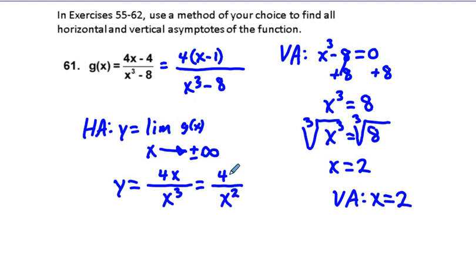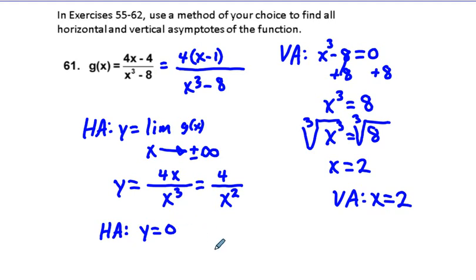This is an example of bigger on bottom. If the power is bigger on the bottom, we go to 0. So our horizontal asymptote is the equation y is equal to 0.